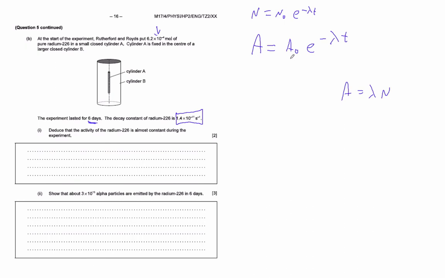So the question is, if this is, say, 100%, and then just go e to the minus lambda, plug this lambda in, and then t is 6 days. Notice that lambda is in seconds to the minus 1, so put 6 times 24 times 3,600: 6 days times 24 hours per day times 3,600 seconds.